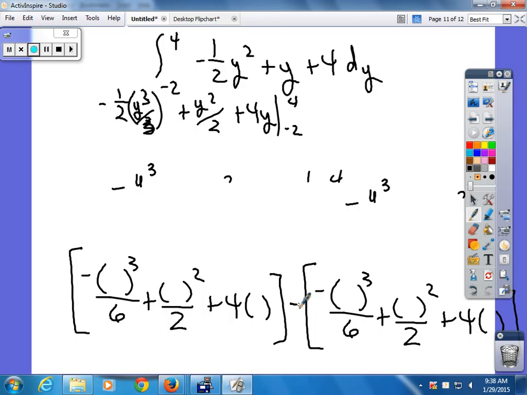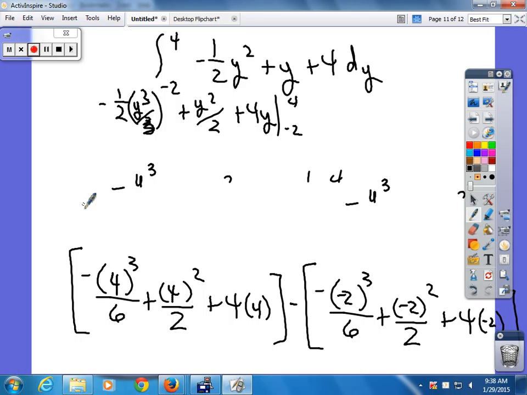to do. And we're going to plug in a 4 here and a -2 here. And 4 cubed is what? 64?